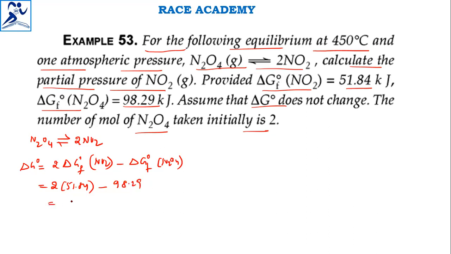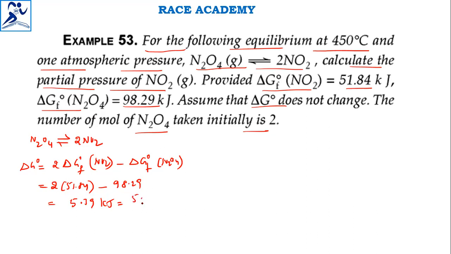Both are in the same units only. Once you substitute these values in this expression, you will get 5.39 kilojoules. That can be converted into joules by multiplying with 1000.